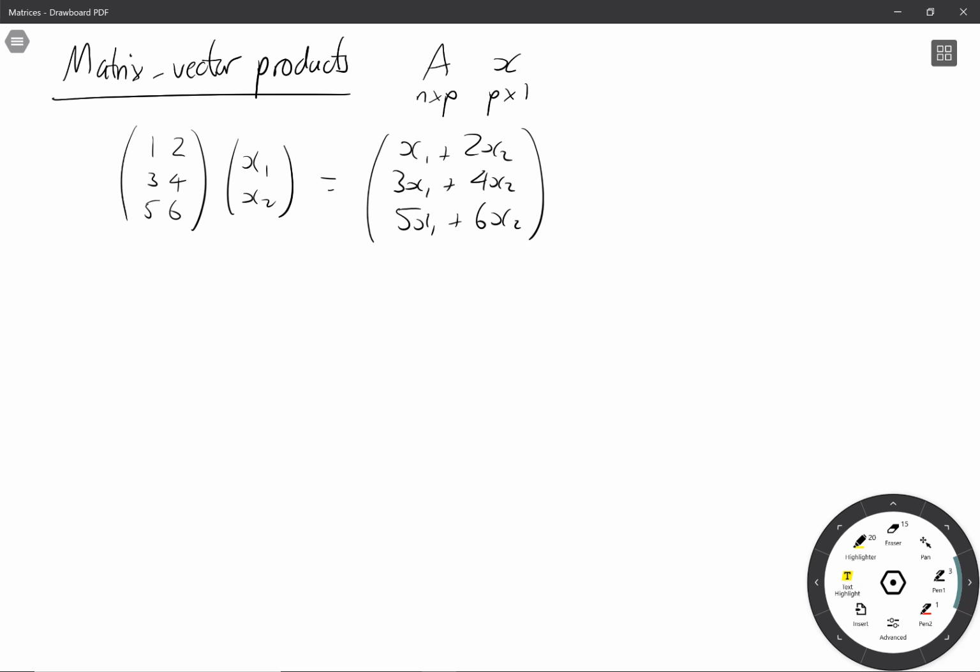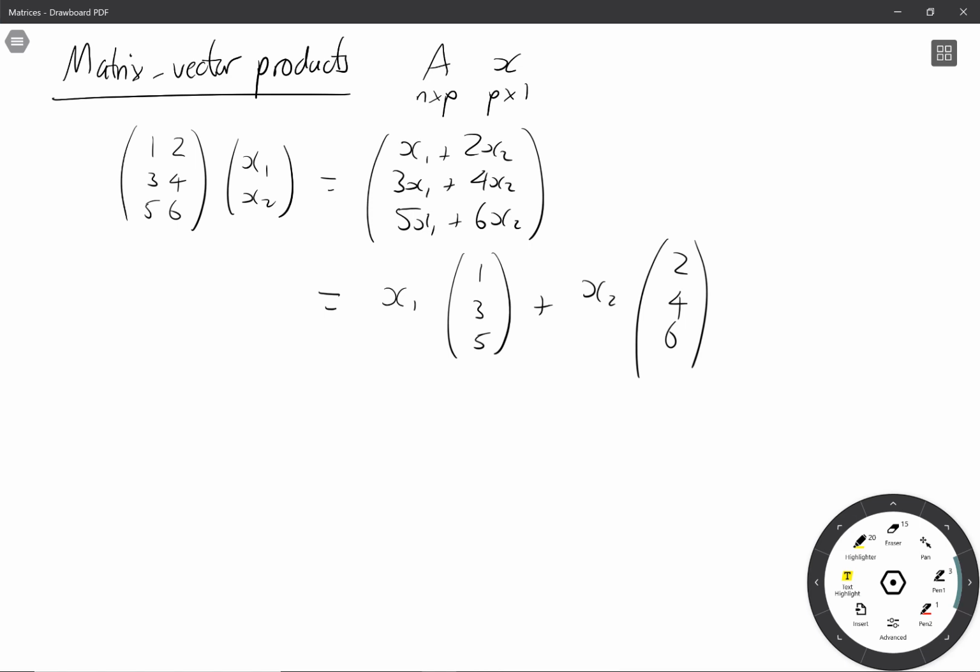But arguably it's better often for this module to think about it in terms of linear combinations of the columns of A. So instead of thinking about it in these terms, we could think about this as x1 times the vector 1, 3, 5 plus x2 times the vector 2, 4, 6.